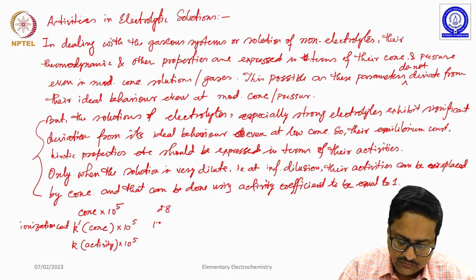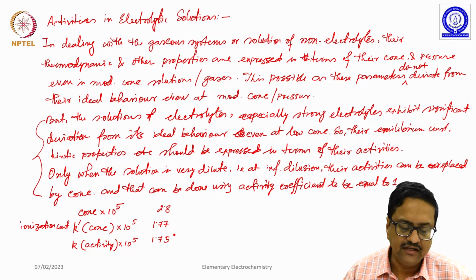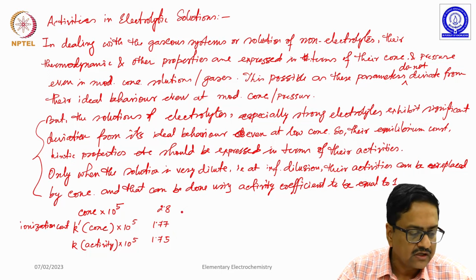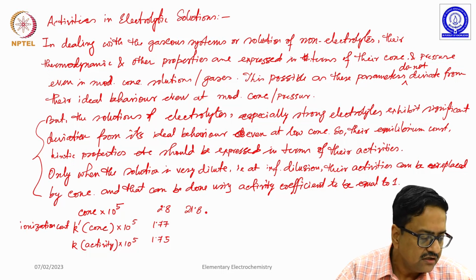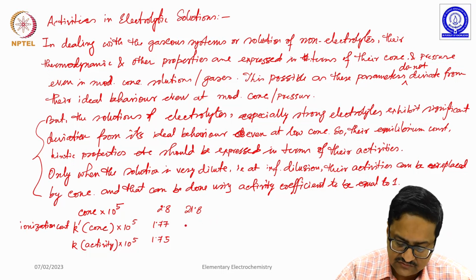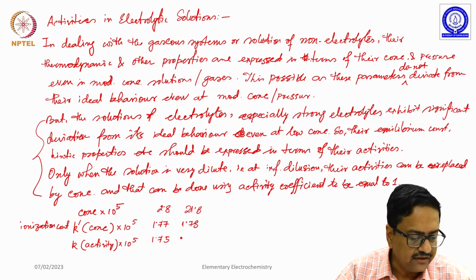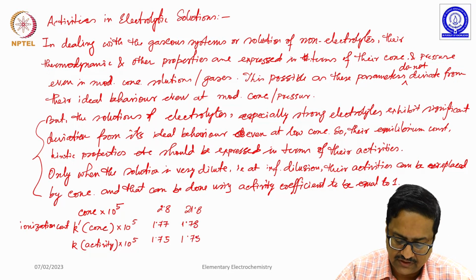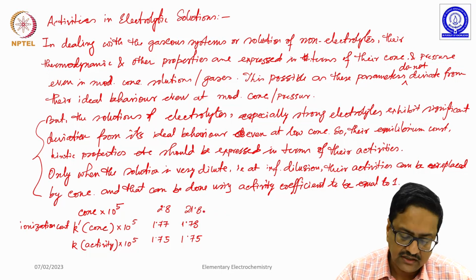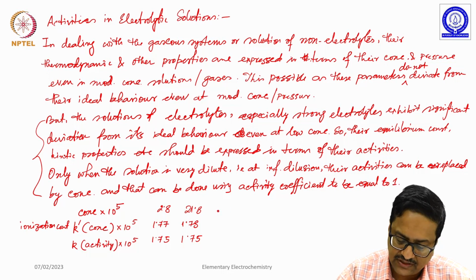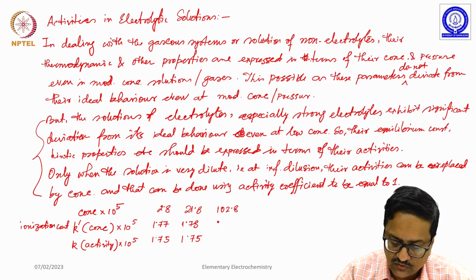So, when I am writing 2.8, that means the concentration is 2.8 into 10 to the power 5 molar. Then the values are 1.77 and 1.75. You can see that they are fairly close or very similar. When the concentration is increased about 10 times, from 2.8 it goes to 21.8, you see that the value of K prime is 1.78 and this for 1.75. Still they are fairly similar. But then when we further increase it by say 5 times, about 102 in 0.8, this now starts to change.